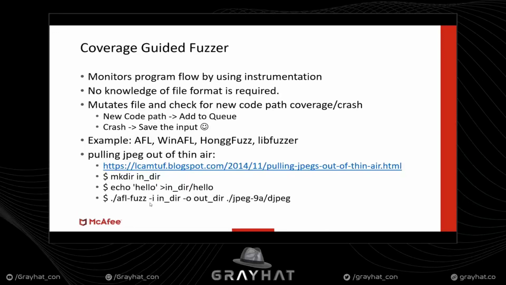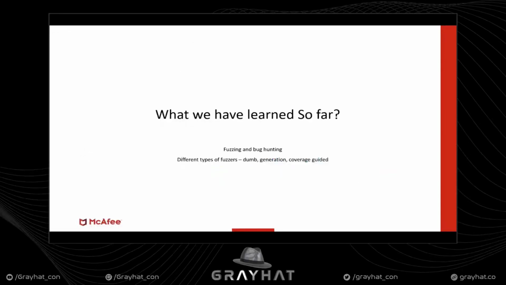When he ran the fuzzer for a few hours, he found that it automatically generated a few valid JPG files out of this hello string. So that is the power of a coverage guided fuzzer. If you want to know more, you can go to this URL and read in detail. With that, let's move on and see what we have learned so far.